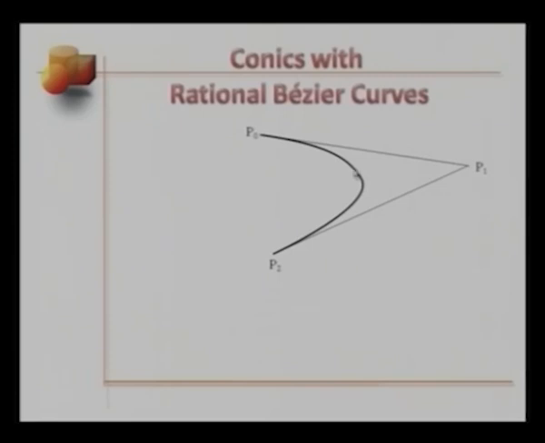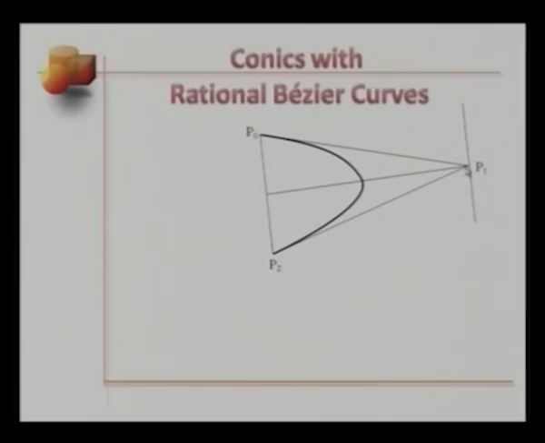This would be a quadratic rational Bezier curve, if I also assign weights W sub 0, W sub 1 and W sub 2 to these corresponding points. Let's join P sub 0 and P sub 2. Let me also draw a line parallel to P0, P2 here, which passes through P1.